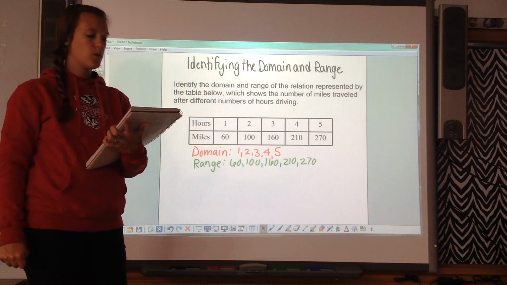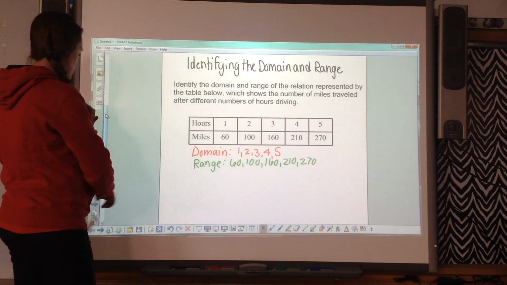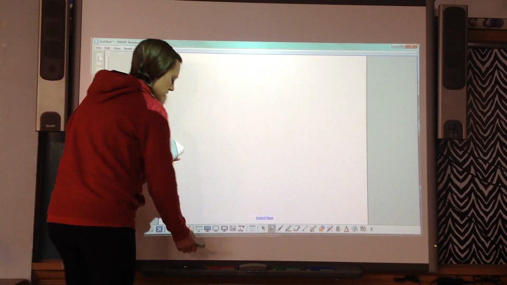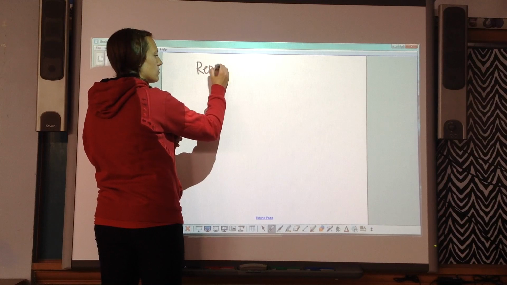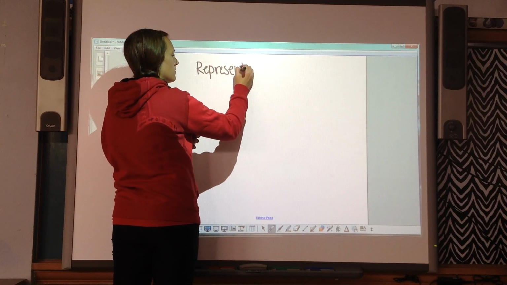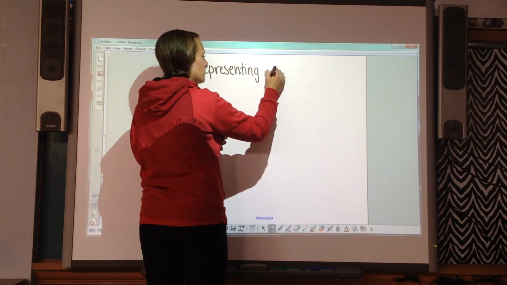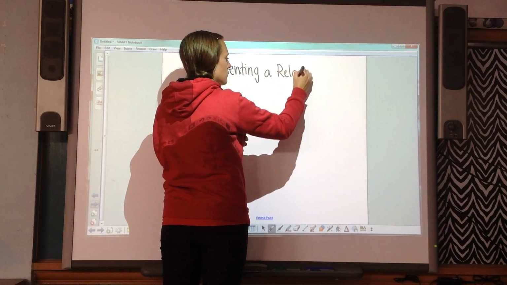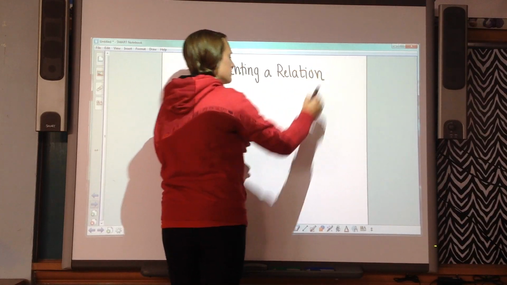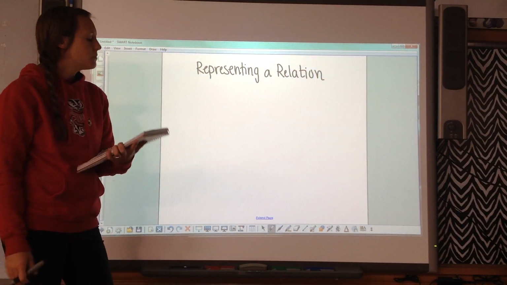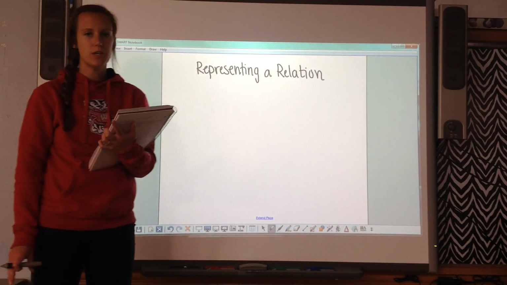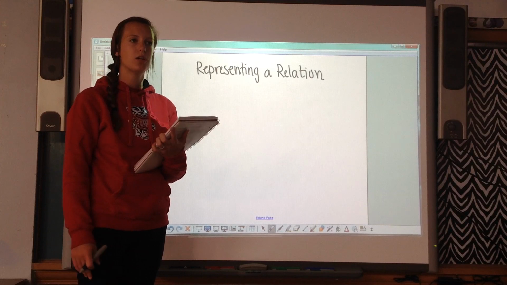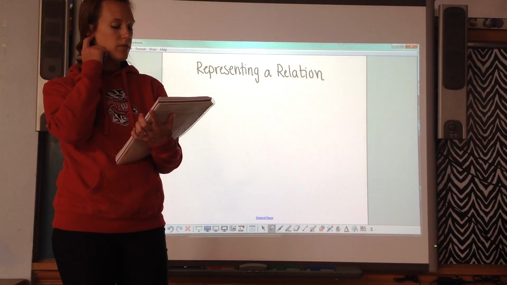Next, they're going to ask you how to represent a relation. So this is representing a relation. There are a bunch of different ways to represent a relation. We've already used one of them.